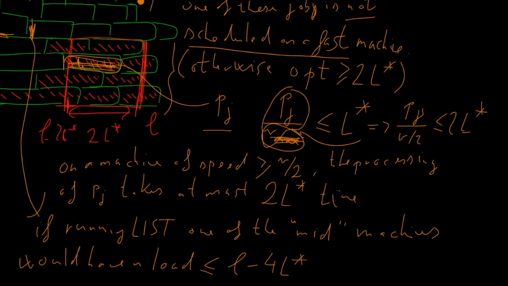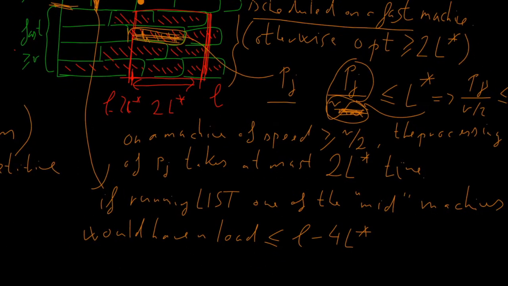Then on this machine, if we just add the cost of pj divided by the speed of the machine, that would be at most 2 L star.